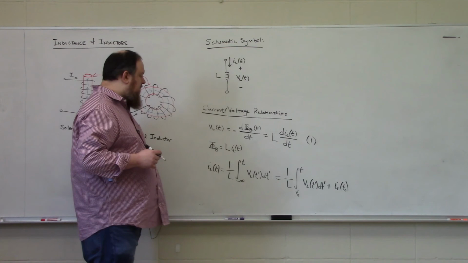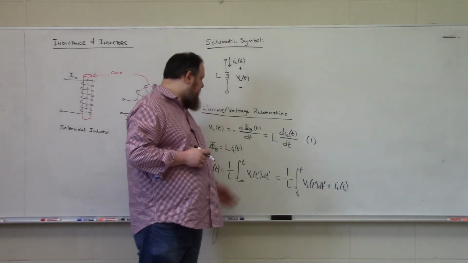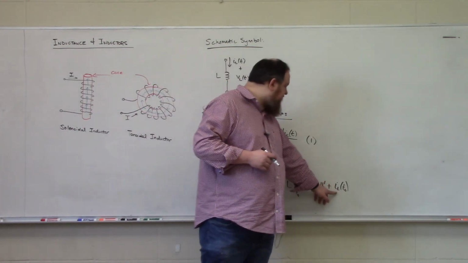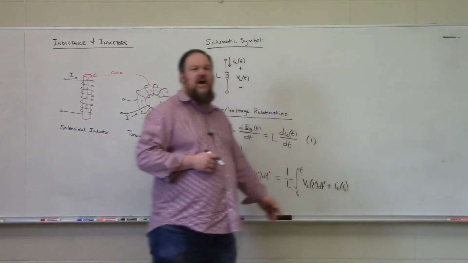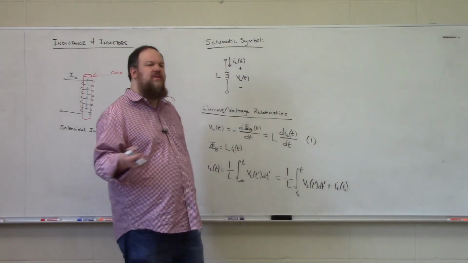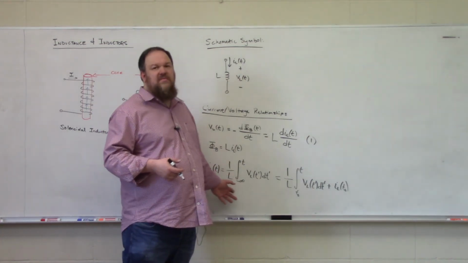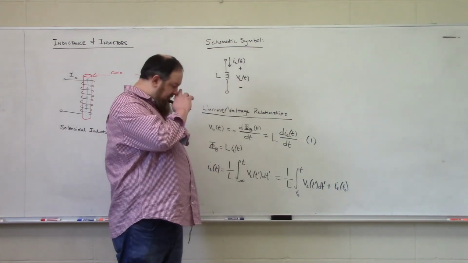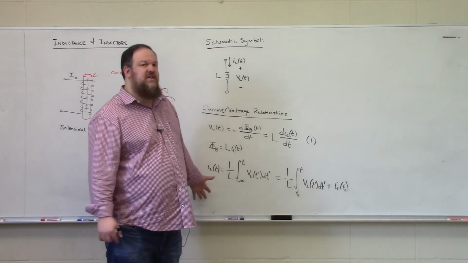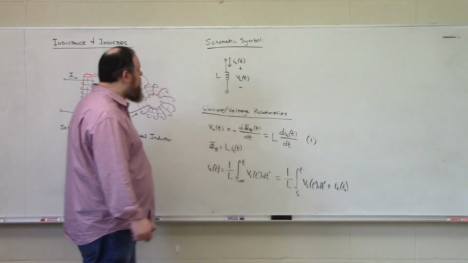So again, t prime is a dummy variable that represents time, and this expression IL at t naught represents a known value of inductor current at some specific time t naught, so that we don't have to account for the entire history of the inductor current from t equals negative infinity up to the present.